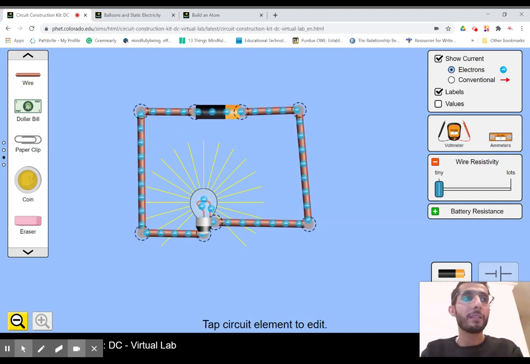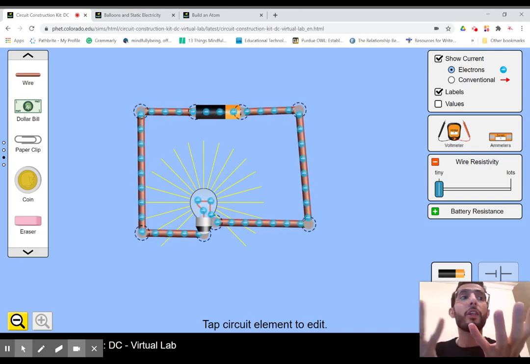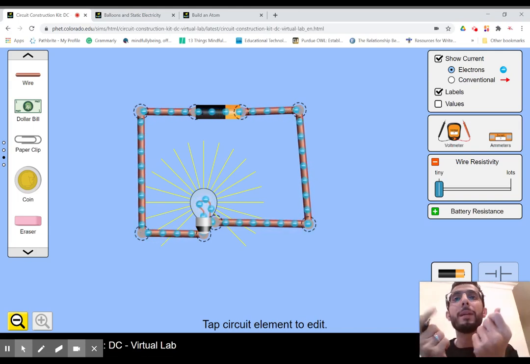So the resistor is a device, as we mentioned, that limits how many electrons can pass through the circuit in a specific time. Resistors slow the flow of electrons through the circuit, and they can also change the electricity into thermal energy. Thermal means heat.